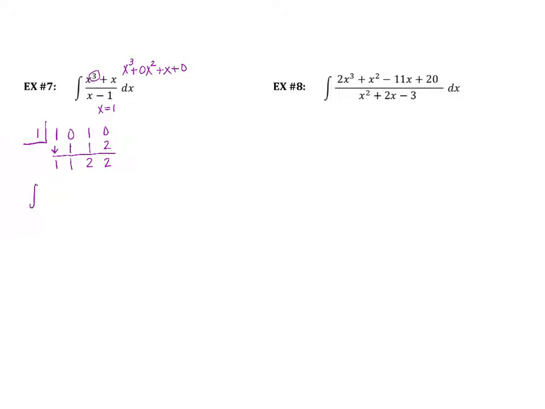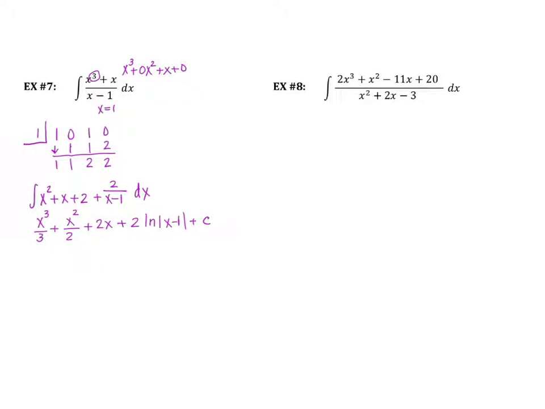So that's going to be 1x squared plus x plus 2 plus 2 over what we were dividing by, which is x minus 1. Now we're ready to integrate this. So that's going to be x cubed over 3 plus x squared over 2 plus 2x plus 2 times the natural log of the absolute value of x minus 1 plus c.